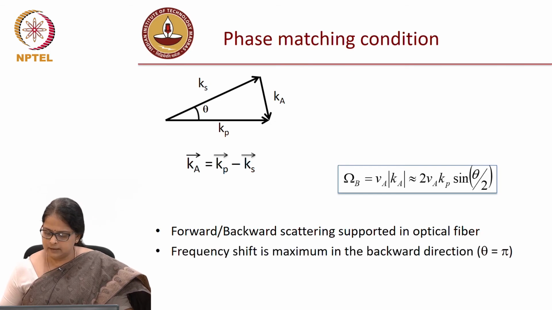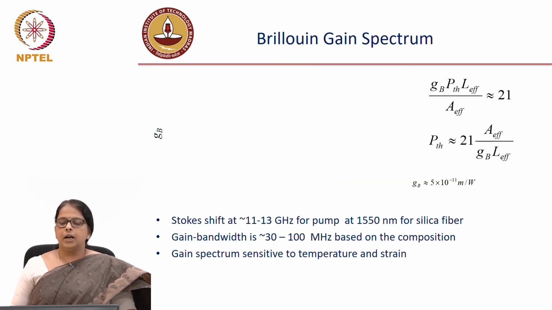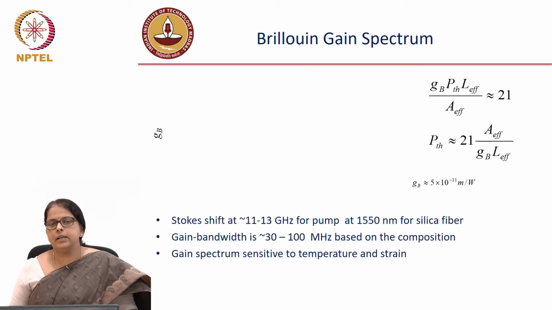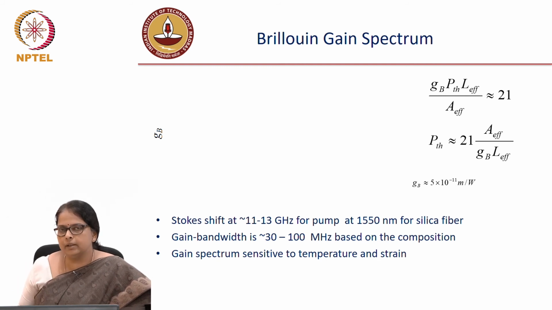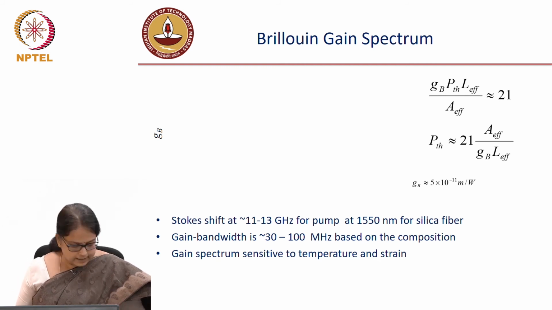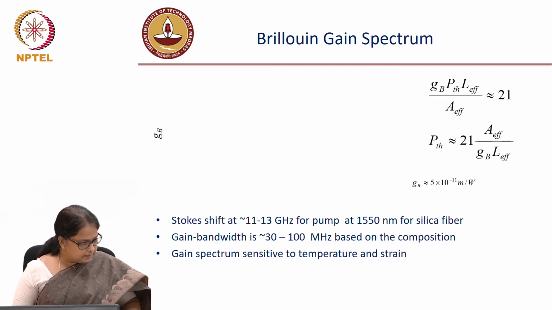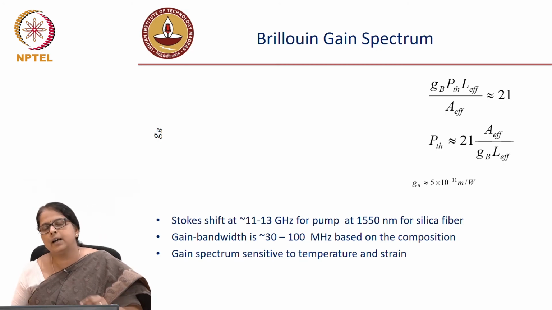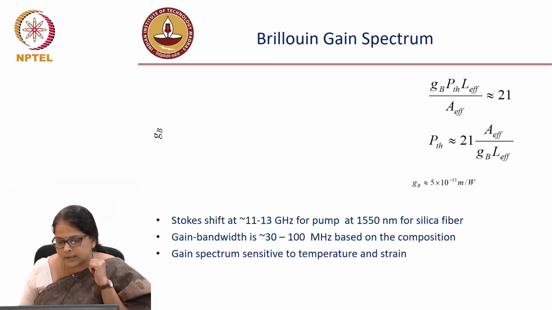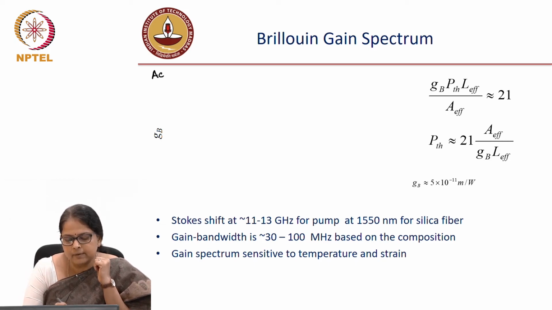So we have already seen the phase matching condition. Now, is there a spectrum associated with the Stokes? We know that the acoustic waves are what are generating the Stokes line. Now these acoustic waves actually decay.